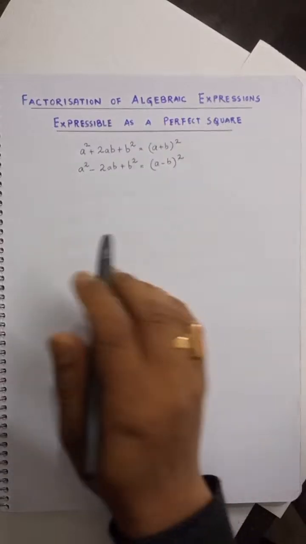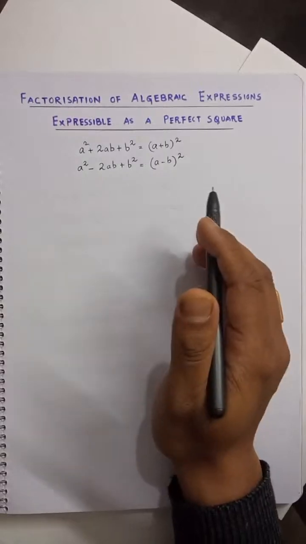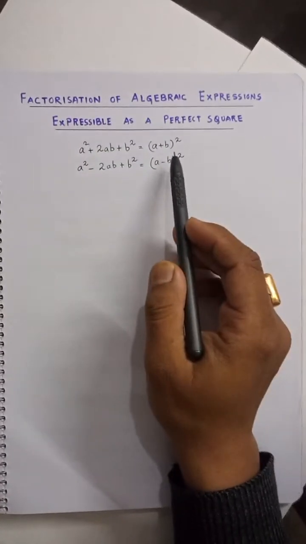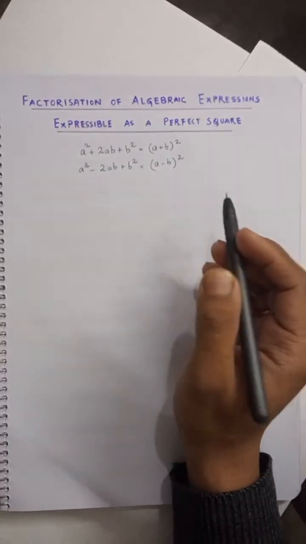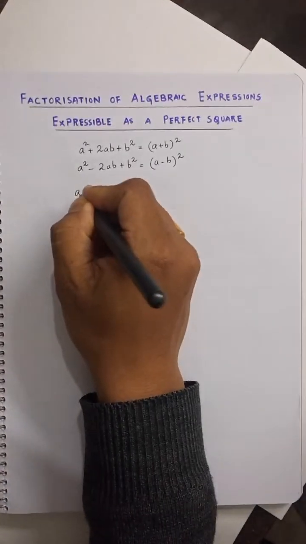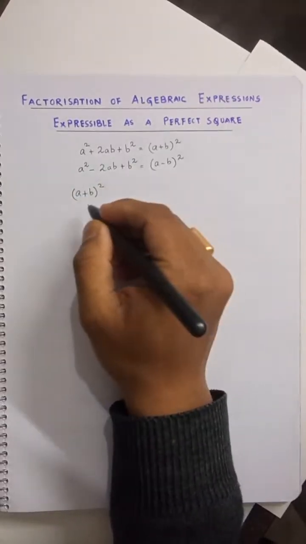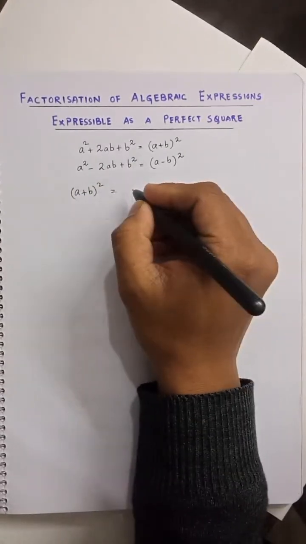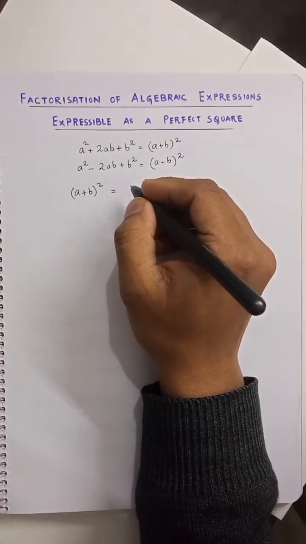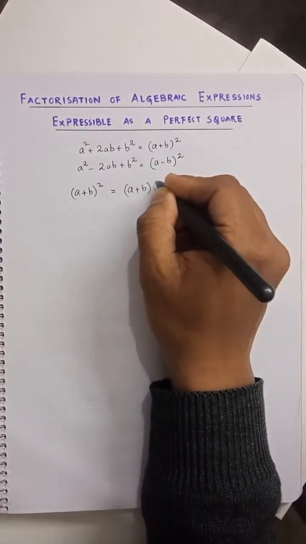Before I move into the factorization part, sometimes students tend to forget this identity. So what can we do in that case? Suppose I am not able to remember, I can express (a plus b) whole square as (a plus b) into (a plus b).